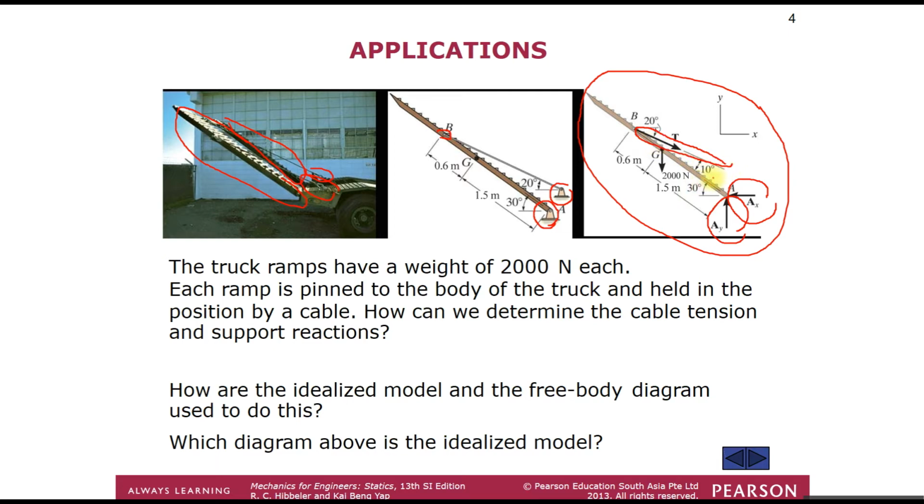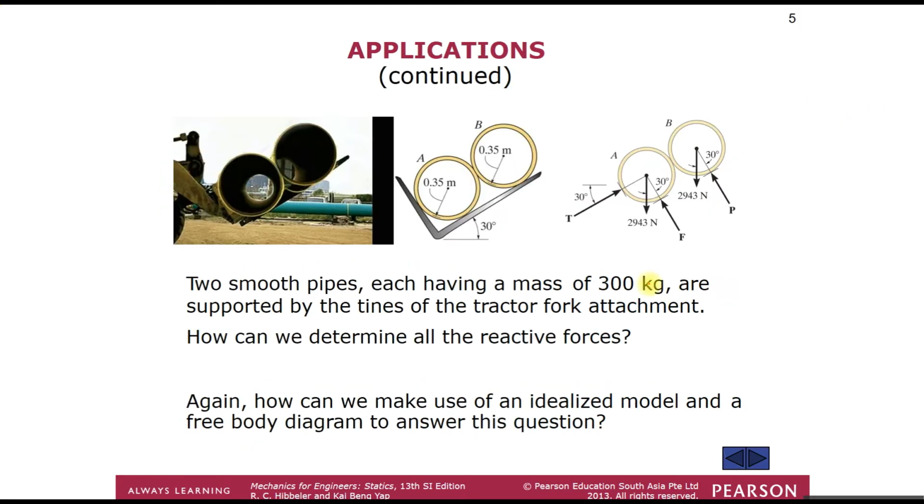Then we draw the equivalent with the weight of the ramp, which is 2000 newton, and all the dimensions. All of this we call the free body diagram, or FBD.